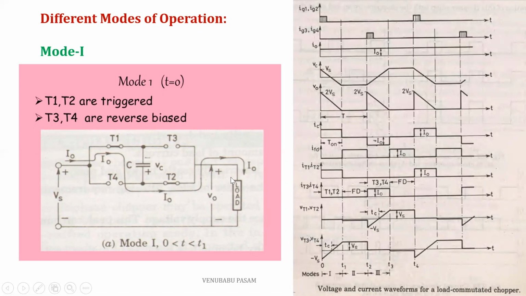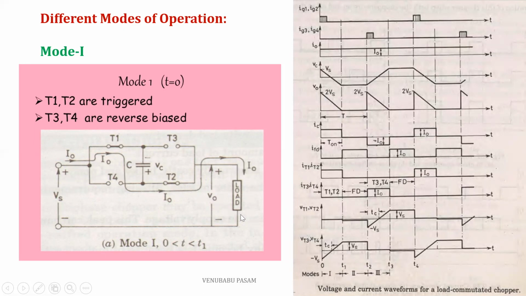Immediately when the circuit closes, the voltage across the load is V0, that is 2Vs, at the instant t equal to 0, because the source voltage and the capacitor stored voltage both appear across the load.